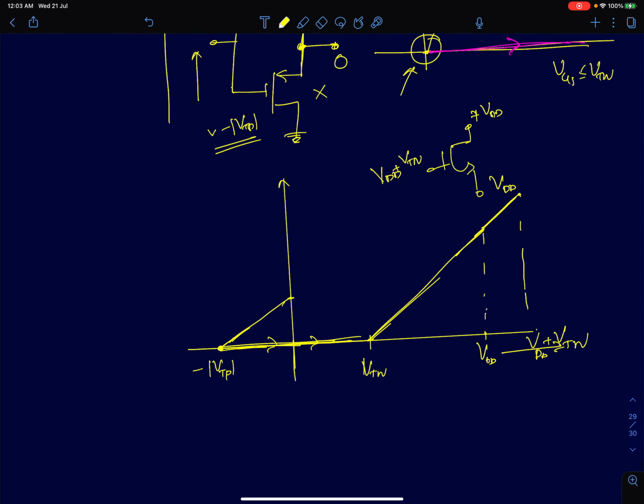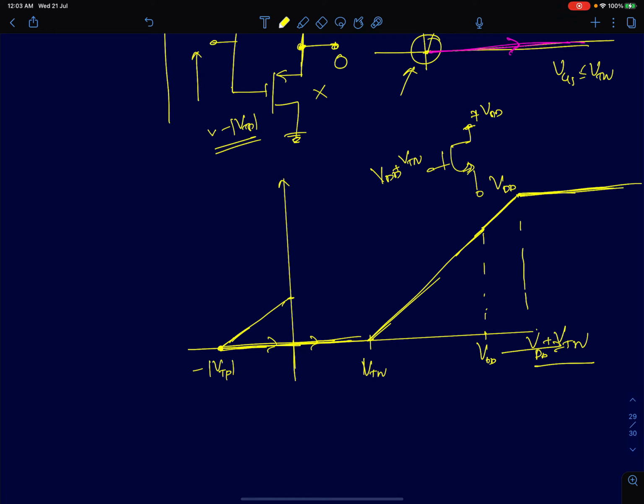What will happen here is that after your input exceeds VDD plus VTN, even though your MOS device can charge to higher voltage, the drain voltage will limit it. It will limit it to VDD. So it will stop at VDD and it will remain constant. So the graph will look like this.